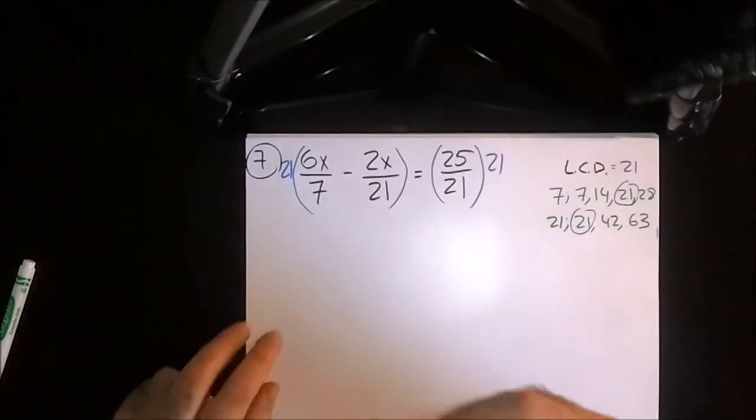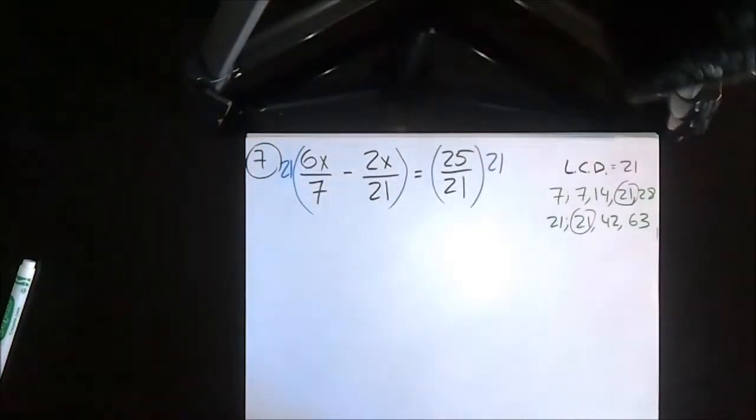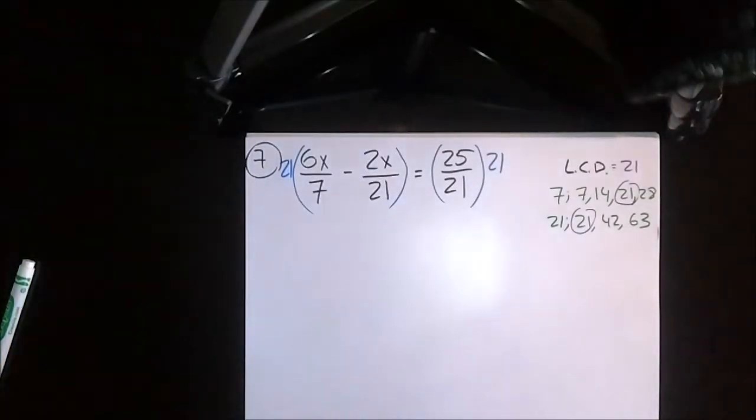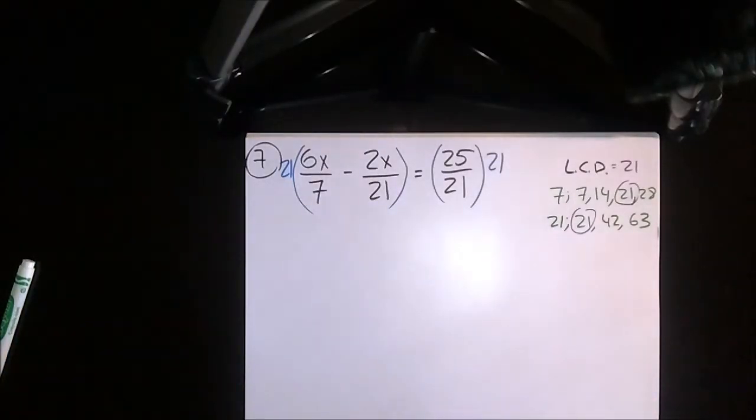The reason I'm doing this is that I want to multiply by something that's going to help me get rid of all the denominators. If I multiply it by the LCD, I know that the LCD will contain the denominator number inside of it, which means I will be able to eliminate it. Even if I have something left over with the numerator.